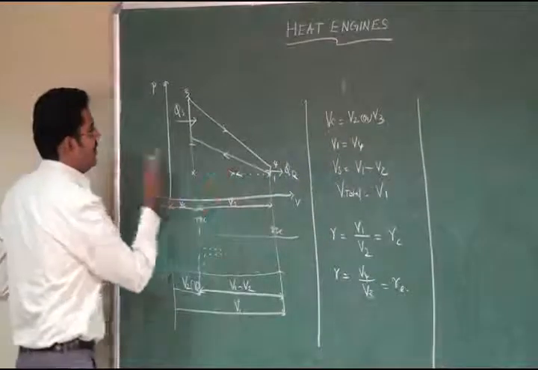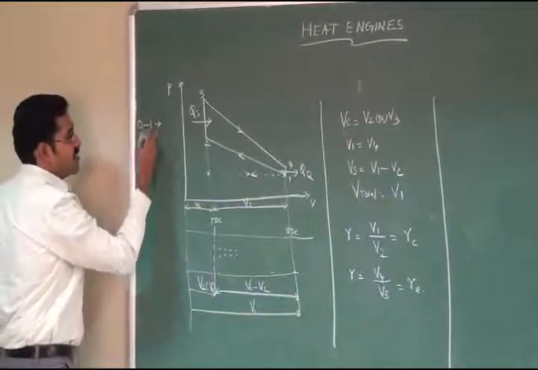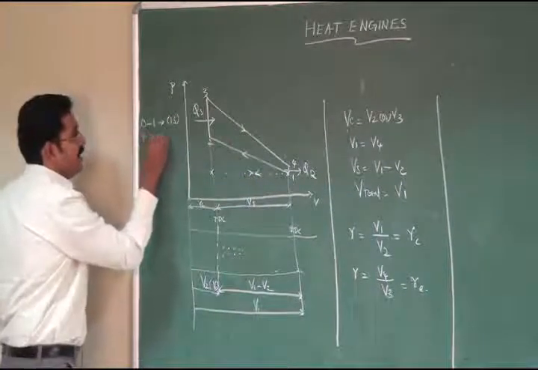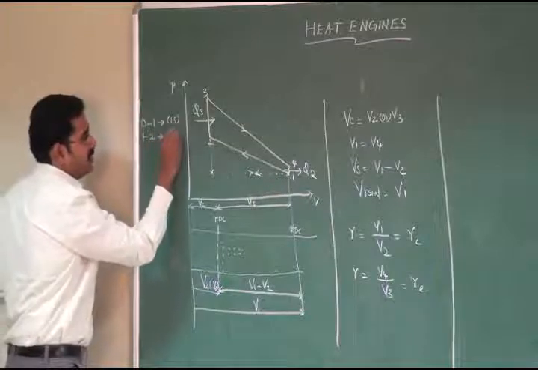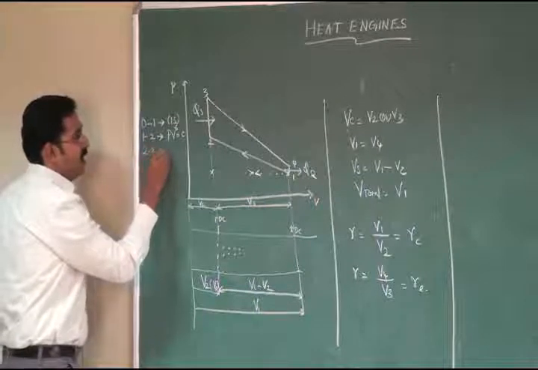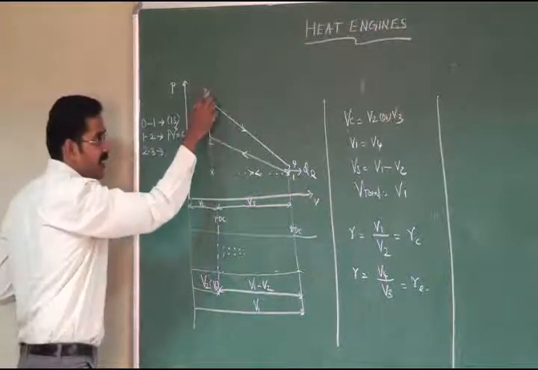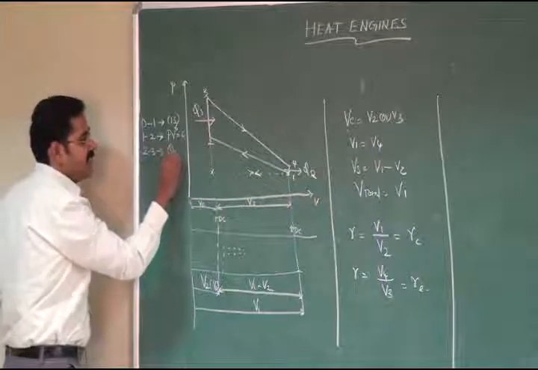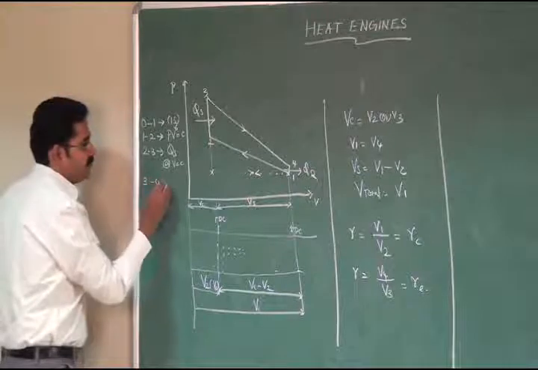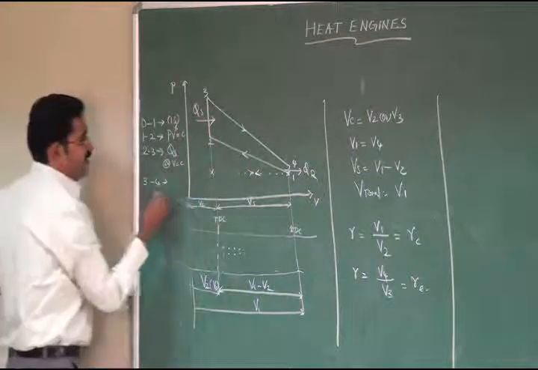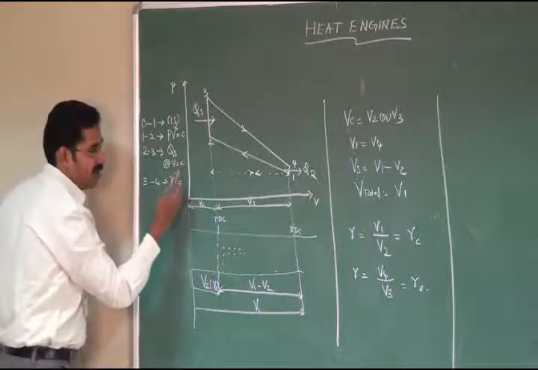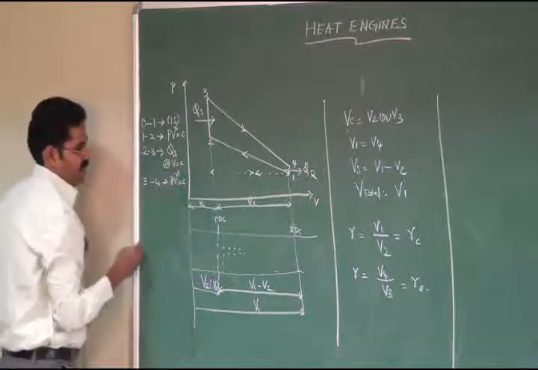Now 0 to 1 is the suction stroke, the first stroke. 1 to 2 is the compression stroke. It is a reversible adiabatic compression process. 2 to 3 is the heat supplied or heat addition process, which is carried out at constant volume. 3 to 4 is the expansion process, which also happens by thermodynamic laws, reversible adiabatic expansion.